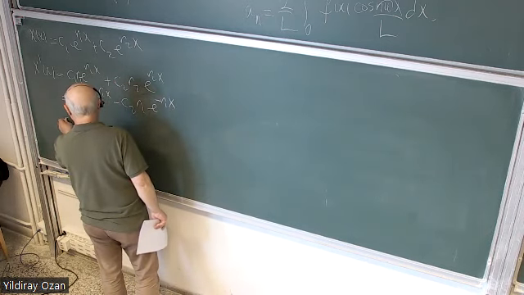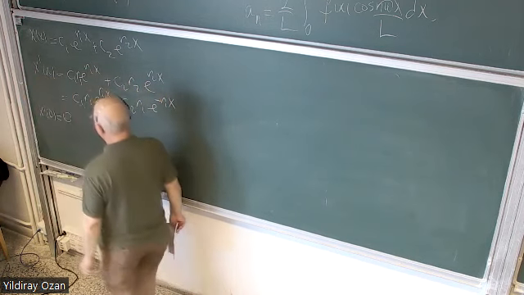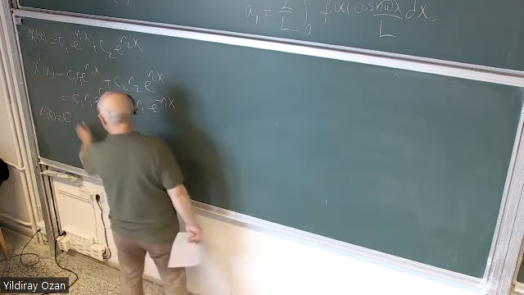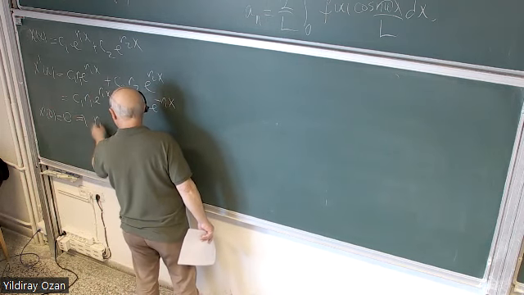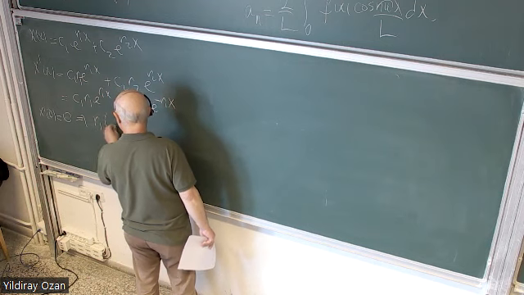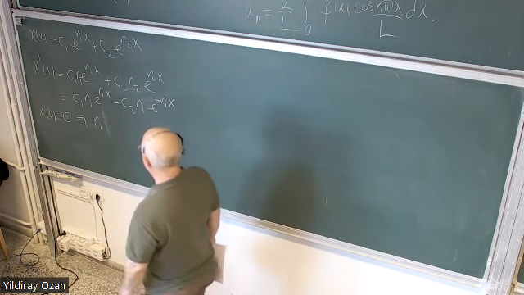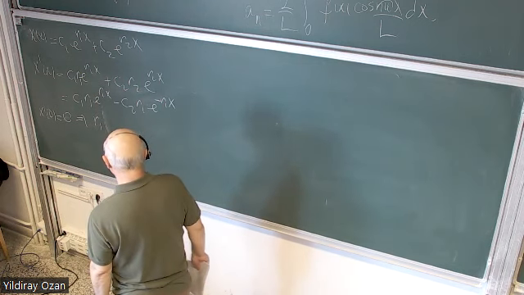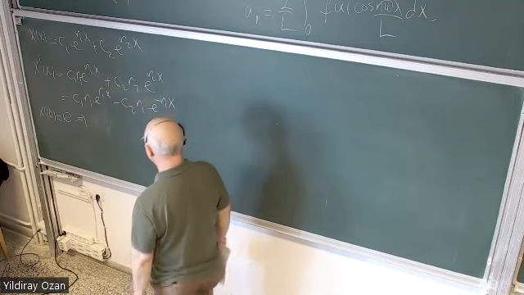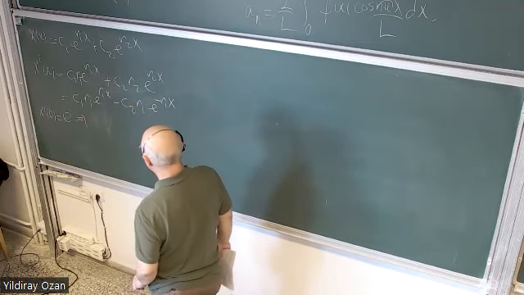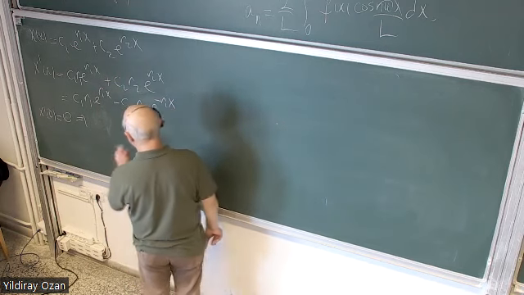Okay. And this is 0, right? All right, so we get, ha, x yerine 0 koyuyoruz.